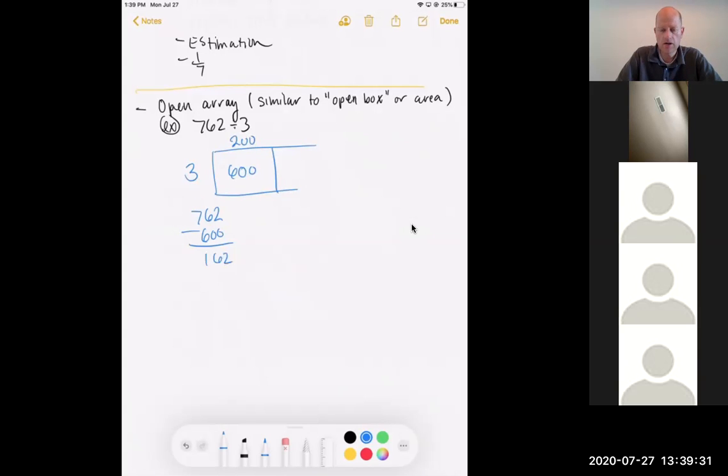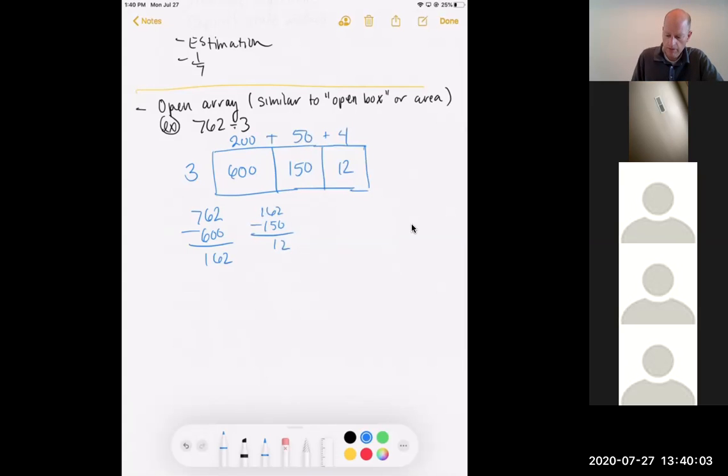I'm going to break 162 into another chunk that's easily divisible by 3. Maybe 150. Okay, and that would be 3 times 50 for that one. So I'm extending my box now. I've got 12 left. That's a nice number that's divisible by 3. And it's 4.